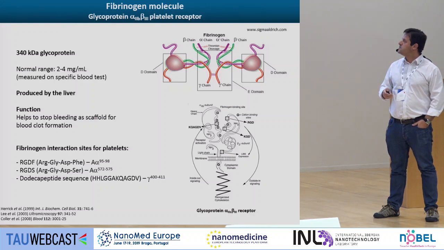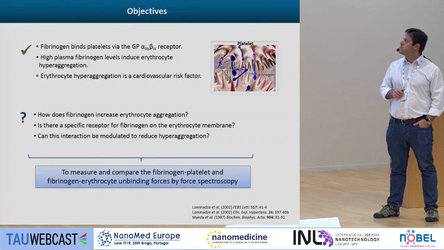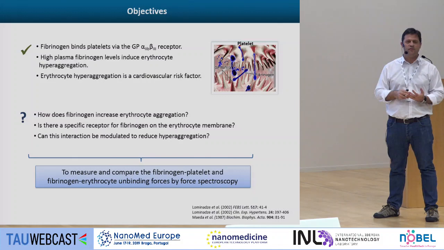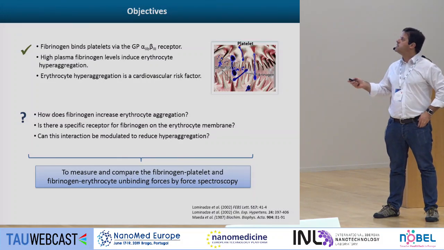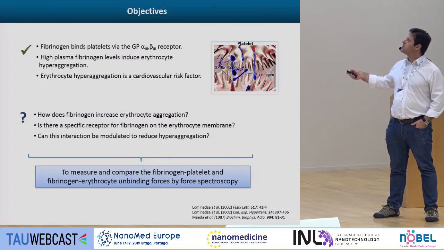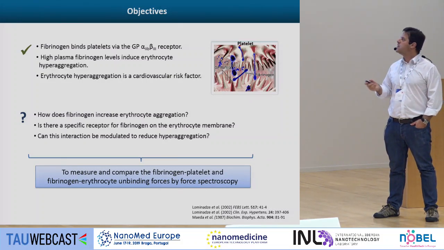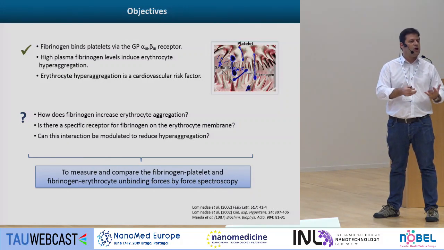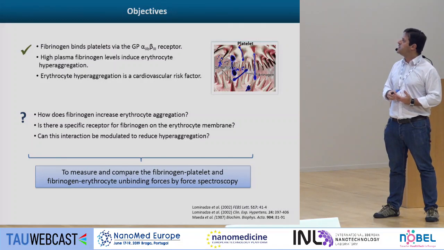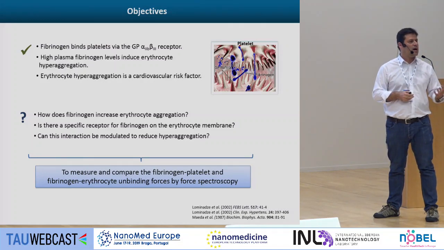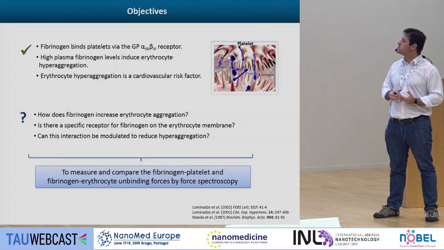And when we started working on this some years ago, the interaction was obviously already known. And it was also known that high plasma fibrinogen levels induce an increased erythrocyte aggregation, and that this increased aggregation was statistically, epidemiologically associated clinically to a higher cardiovascular risk.